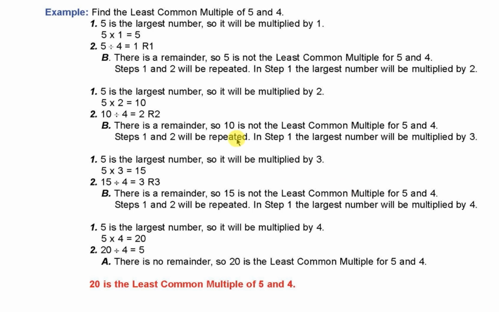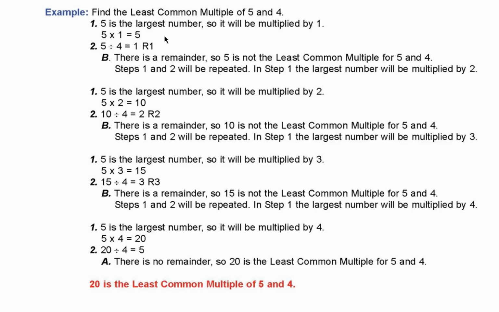Okay, just to make sure that you understand how we found out which number was the least common multiple: when we divided the result of step one's multiplication by the smaller number, if there was a remainder, then that number was not the least common multiple.